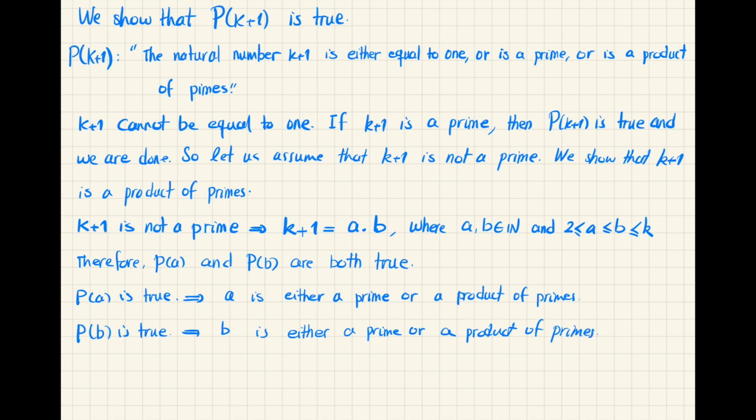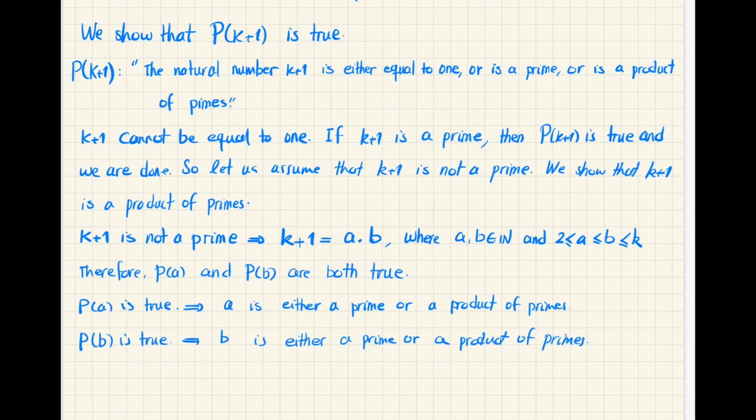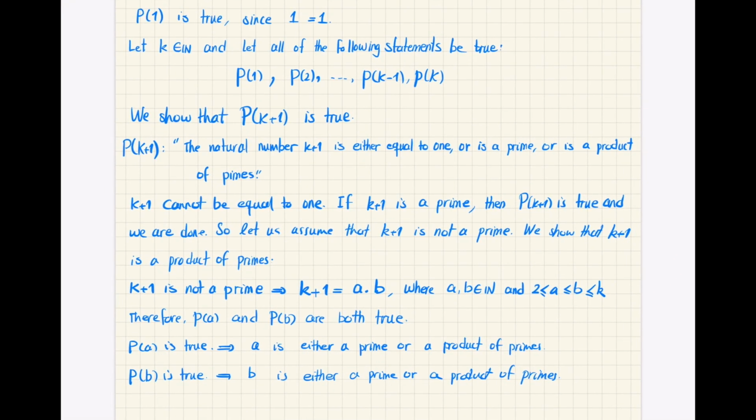Okay, so let me finalize this orally here. So about this k plus 1, I have four scenarios going on. A is prime, B is prime. A is a prime, B is a product of primes. A is a product of primes, B is a prime, and both of them are products of primes.